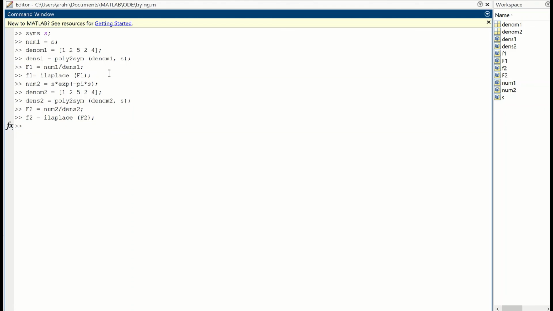Here we have already declared the first equation and the second equation, so only the last equation is left.